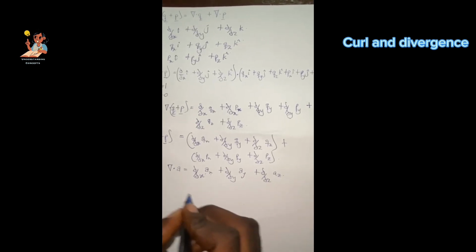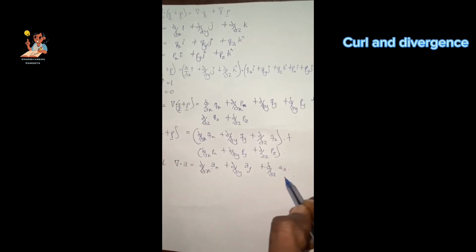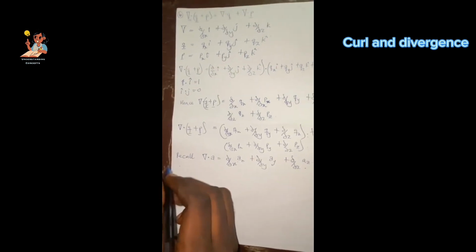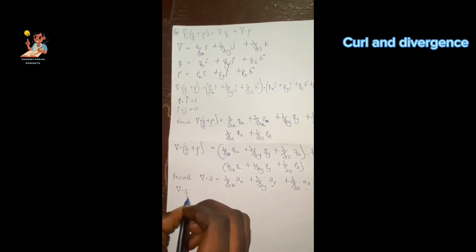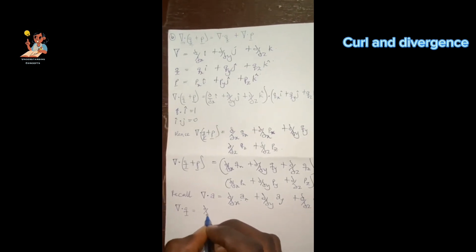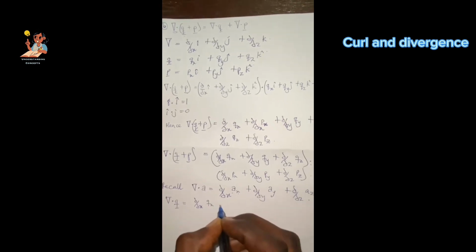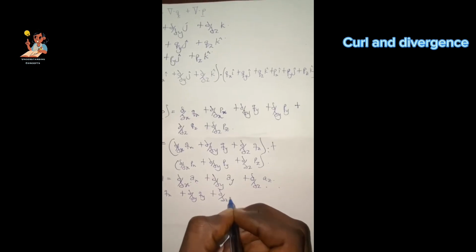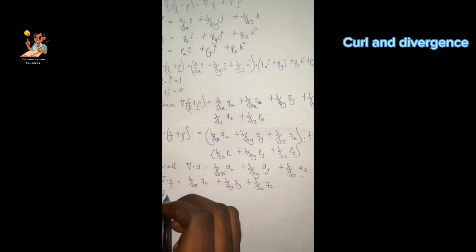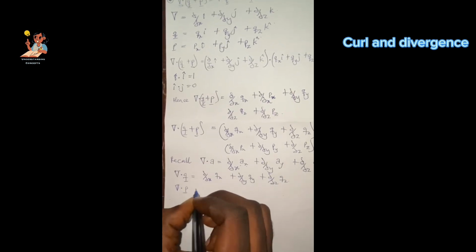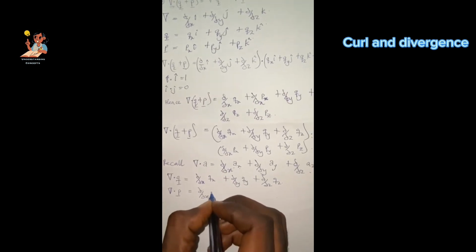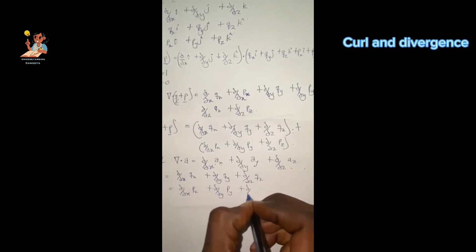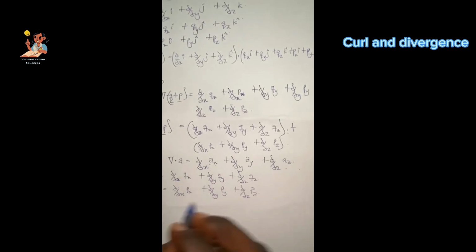So hence we can see that the divergence of Q is equal to partial d/dx of Qx plus d/dy of Qy plus d/dz of Qz, and then the divergence of vector P is d/dx of Px plus d/dy of Py plus d/dz of Pz.